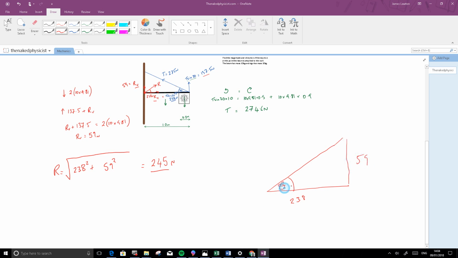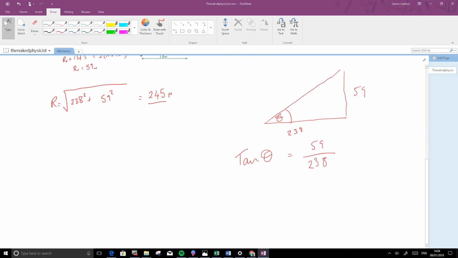It's going to be theta, so we're going to use tan there. We're going to say tan theta equals opposite over adjacent, 59 over 238. We get our calculator out, we do arctan of 59 over 238, and theta will come out to around about 13.9, let's say 14 degrees.